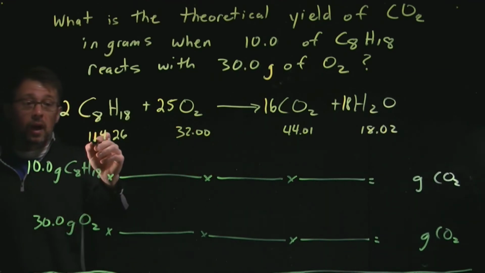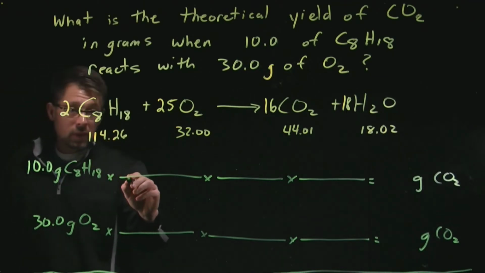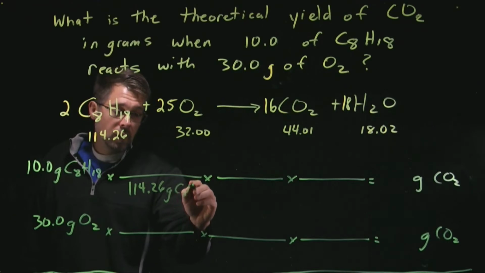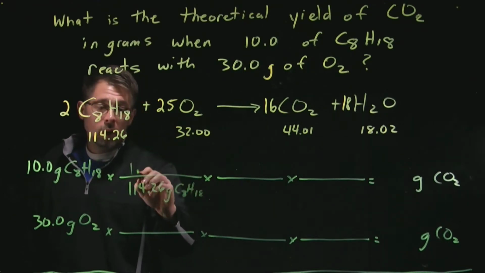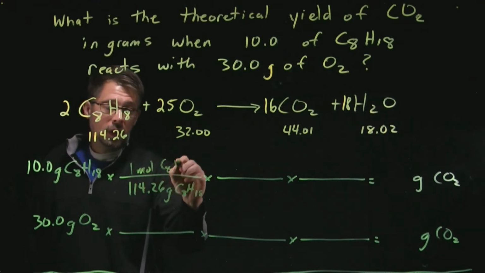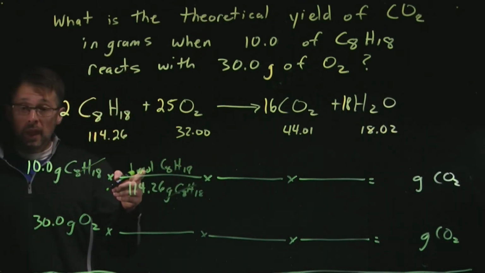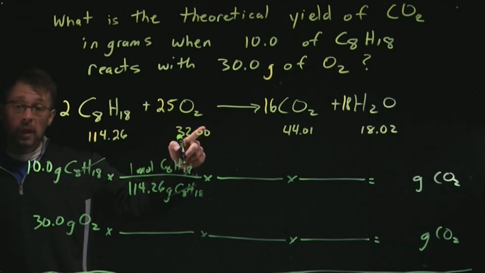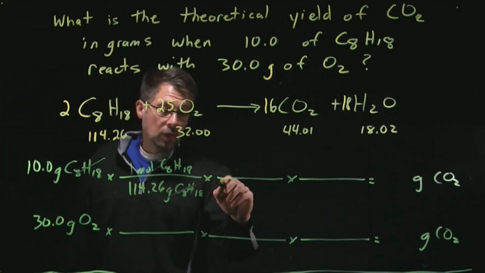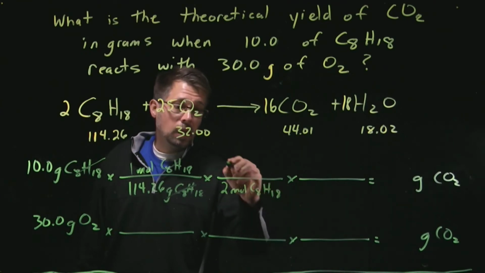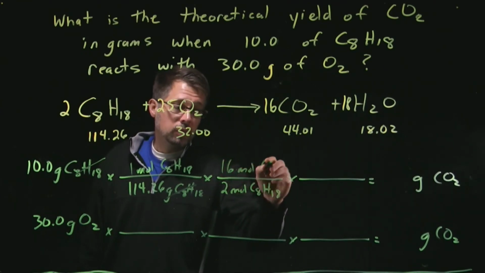So I'm going to take 114.26. That's how many grams are in 1 mole of C8H18. And the grams would cancel. I don't want that. I actually want to get to carbon dioxide. So that's where I use my balanced equation and say 2 moles of C8H18 is 16 moles of CO2.